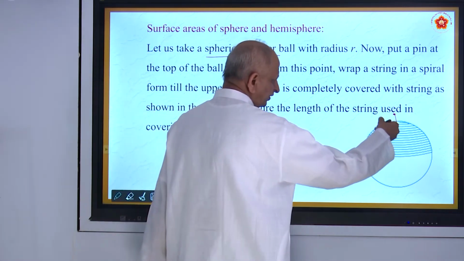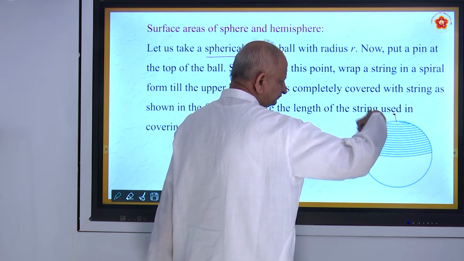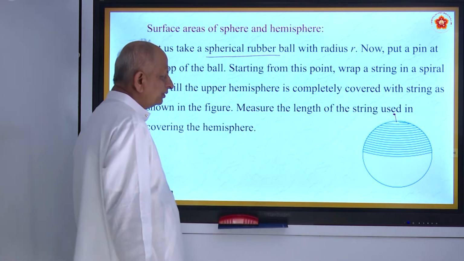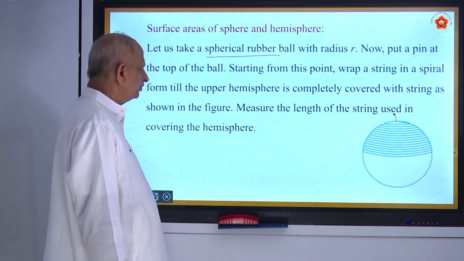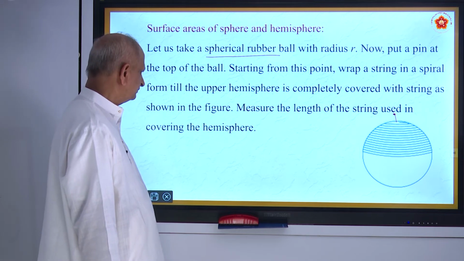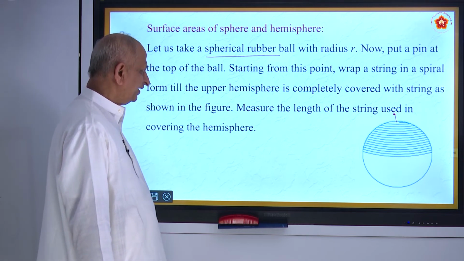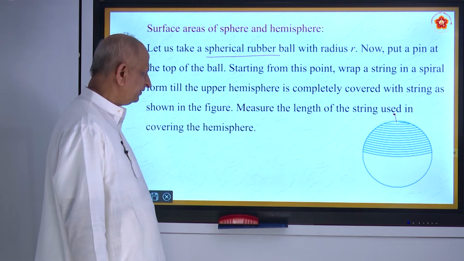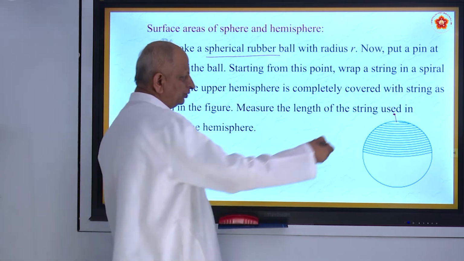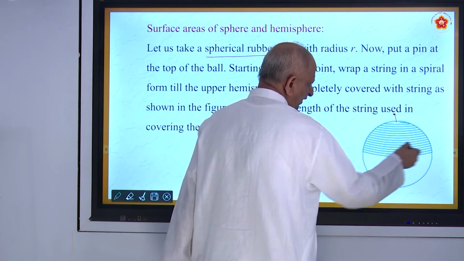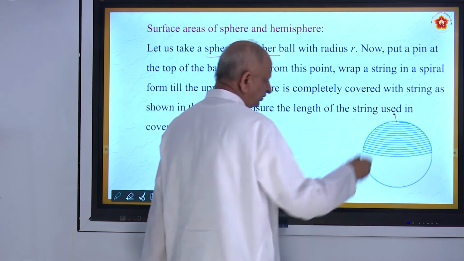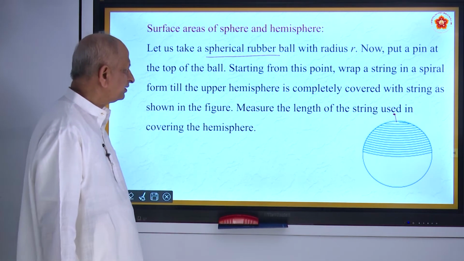So using this, you just go on wrapping it with the thread. Measure the length of the string used in covering the hemisphere. So up to here, that is called the hemisphere. You see, measure the length of the string.